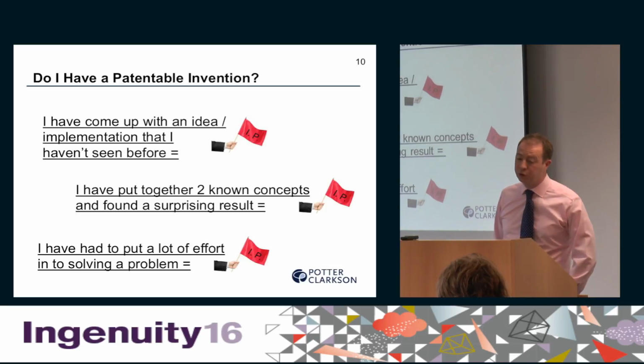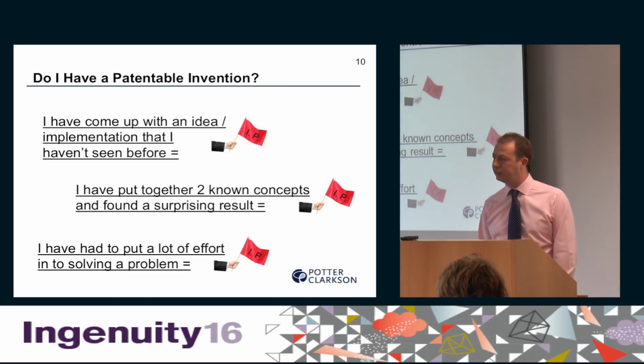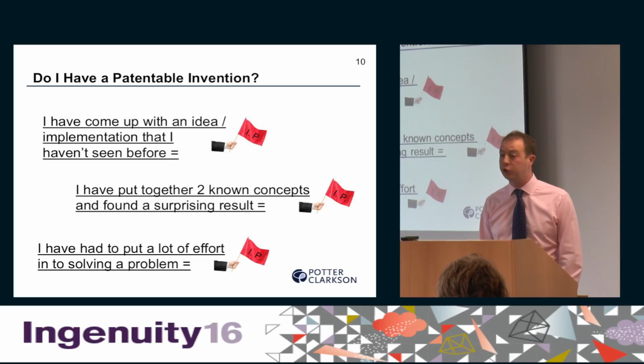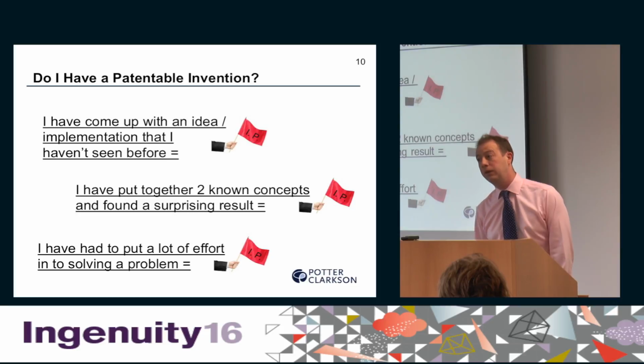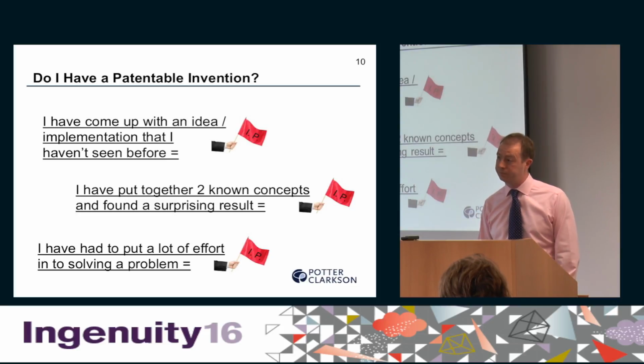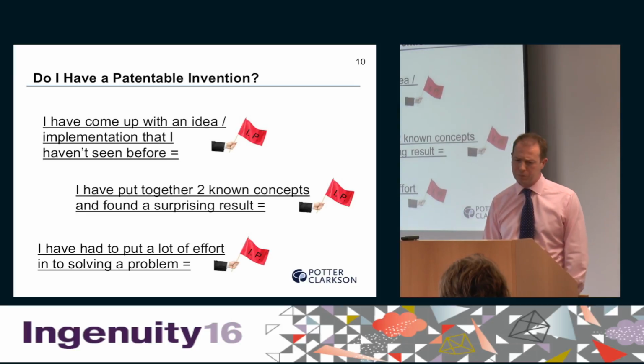If you have put together two known concepts and found a surprising result, that could be patentable. The fact it was a surprising result could well mean that it wasn't obvious, to come back to the test from earlier.